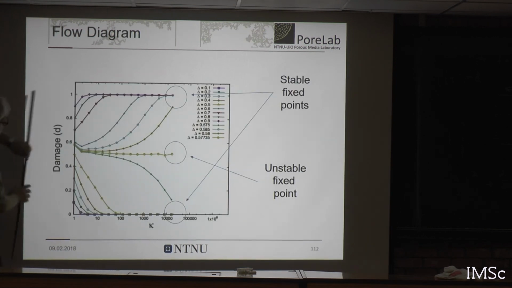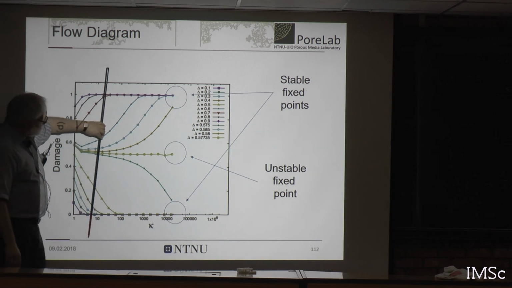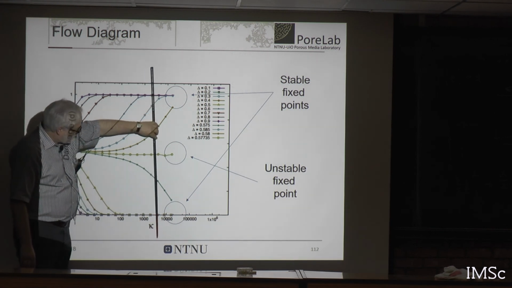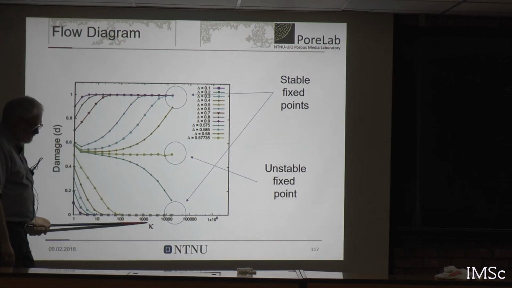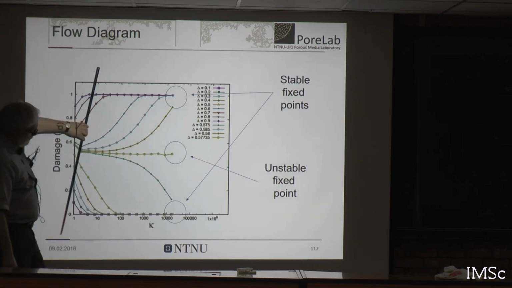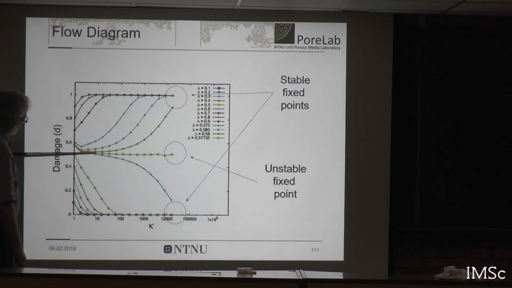Here is the flow diagram of the parameters. So here is the elastic constant, kappa. And as we iterate, it flows like this.